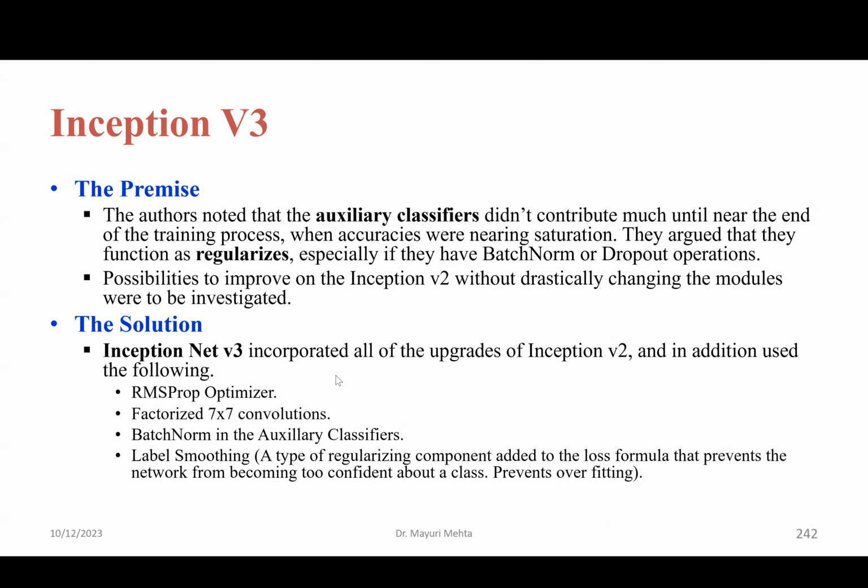Factorized 7x7 convolutions: earlier they suggested factorizing 5x5 and replacing it with 3x3, but in Inception version 3, 7x7 convolution was factorized. Batch normalization in the auxiliary classifier was used, and label smoothing was used, which is a type of regularizing component added to the loss formula.